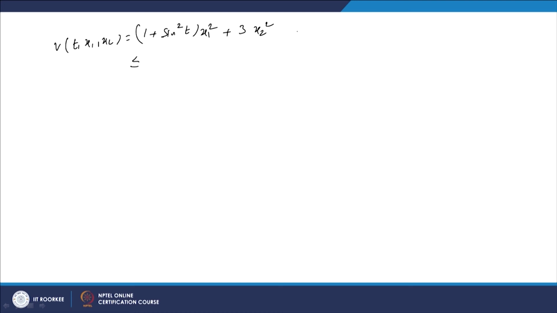Now, it is always less than or equal to 3 times x1 squared plus x2 squared, because 1 plus sin squared t is always less than or equal to 2. So, definitely less than or equal to 3, and this is also 3 here. So, it is the surface xi of x1 squared plus x2 squared. So, this implies decreasant.